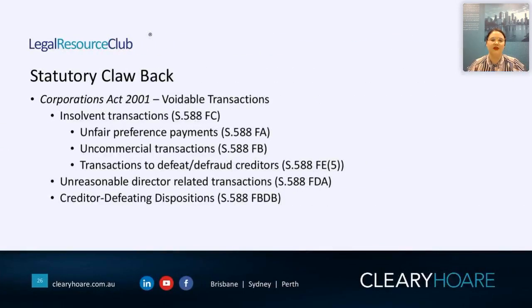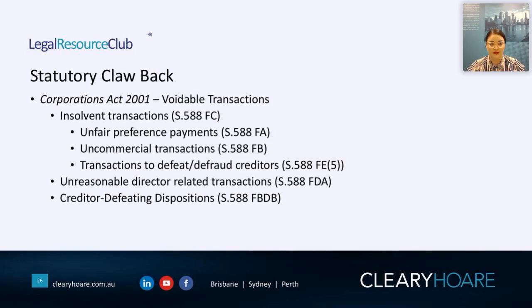So then we need to have a look at the statutory clawback periods. These are provisions that are under the Corporations Act. These potential clawback provisions only apply to 4 types of transactions, 5 now. A commonality between 3 or 4 of those transactions is that they will be insolvent transactions. For each provision to apply, the company must either be insolvent or become insolvent at the time the transaction is entered into.